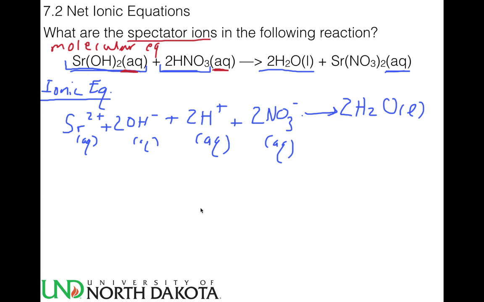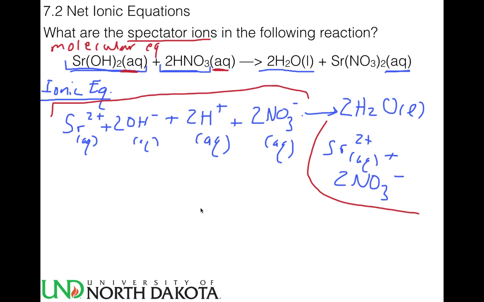And finally, aqueous strontium nitrate will dissociate into strontium 2 plus aqueous and also 2 nitrate ions. Alright, so all my products are here, and then all my reactants are here.